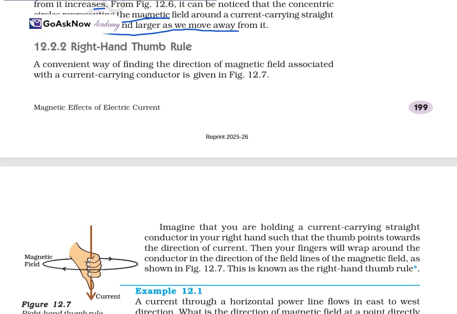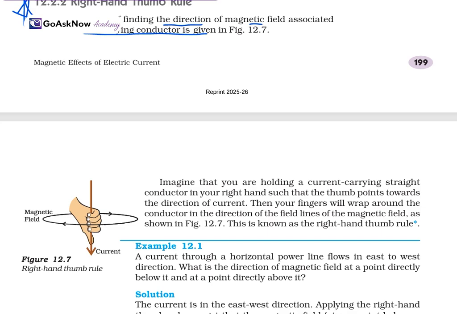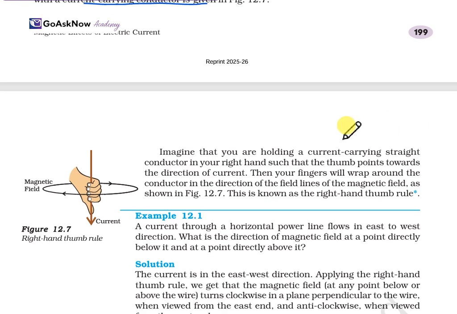Now let's move towards a very important topic, which is the right hand thumb rule. This is a convenient way of finding the direction of the magnetic field associated with a current carrying conductor. So we can easily find out the direction of the field. See how. Imagine holding a current carrying conductor in your right hand such that the thumb points towards the direction of the current.